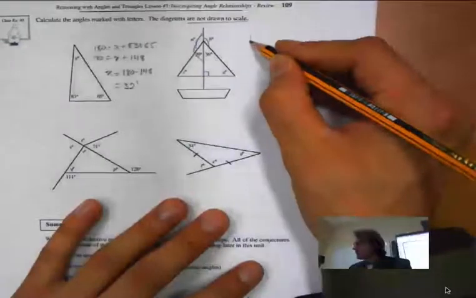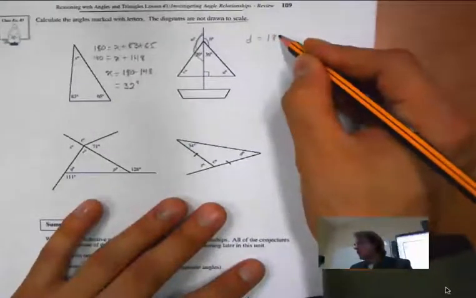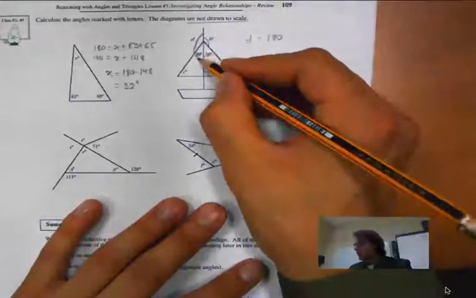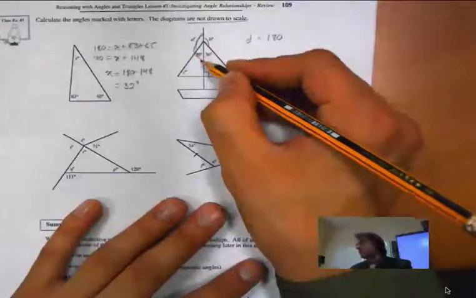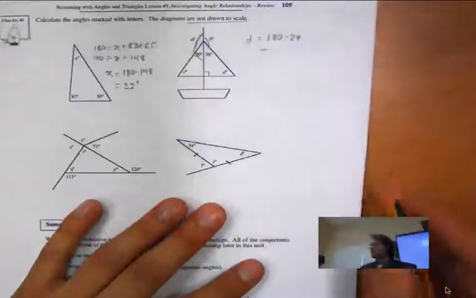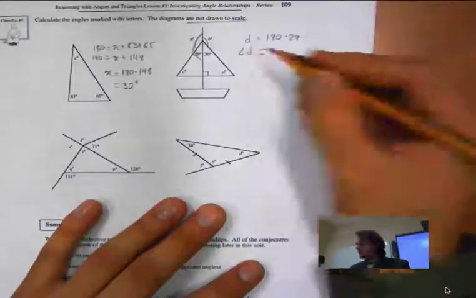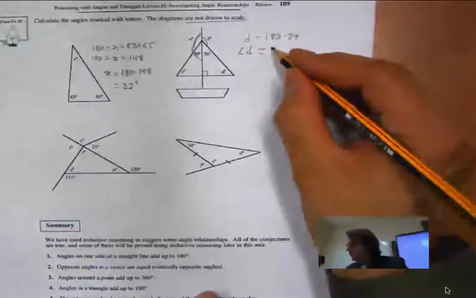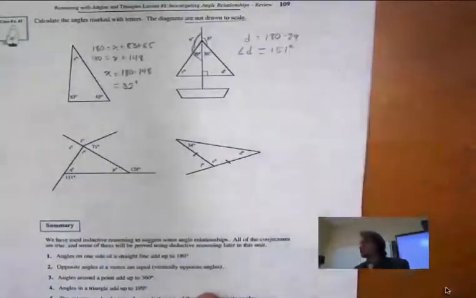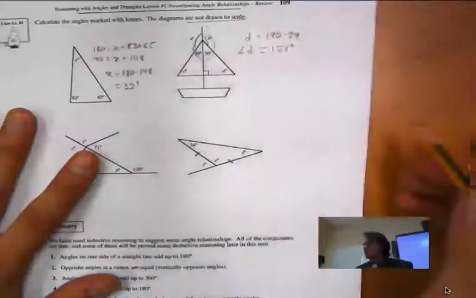So D is equal to, well, 180 is a straight line, and we're missing 29 degrees of the straight line. 180 minus 29 is D. So, what do we end up getting? We get angle D is equal to 151 degrees.